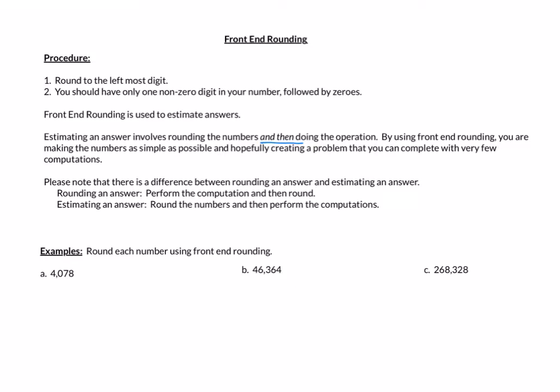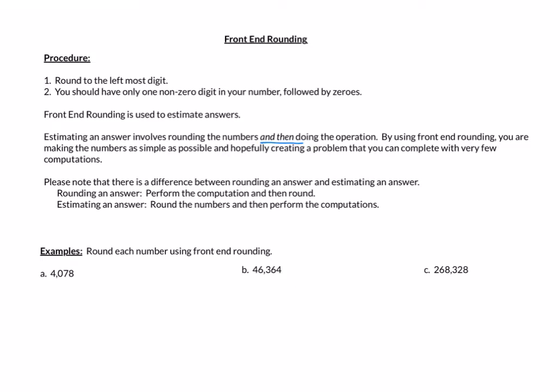Rounding, we will get into this later on this semester when we start talking about decimals. It comes out mostly when we talk about dividing decimal numbers. Before we get into problems involving estimating, let's just go ahead and do a couple practice problems involving rounding using Frontend Rounding.